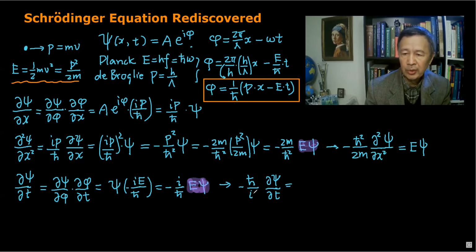So what we can do is multiply by i, and i squared becomes -1, so the negative and negative become positive. Eventually we will have i h bar, the first derivative of psi with respect to time. That is the left-hand side. The right-hand side will be identical to the product, E multiplied by psi.